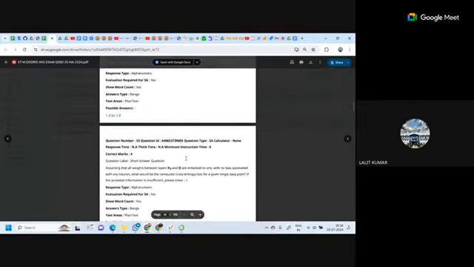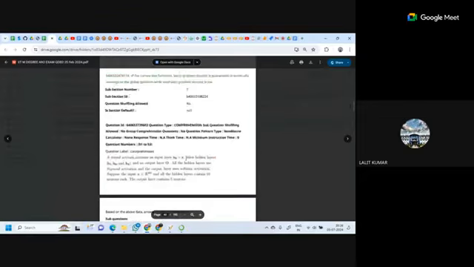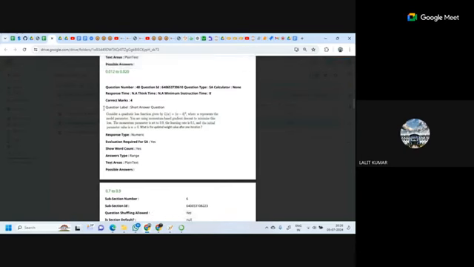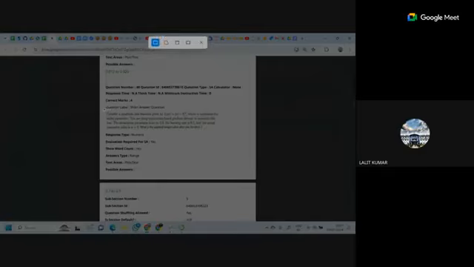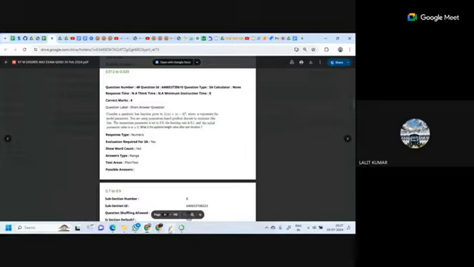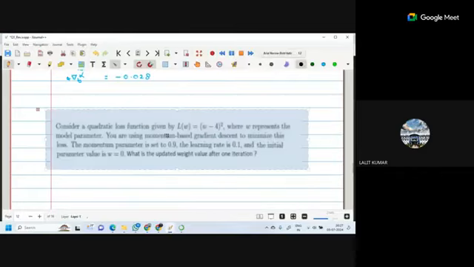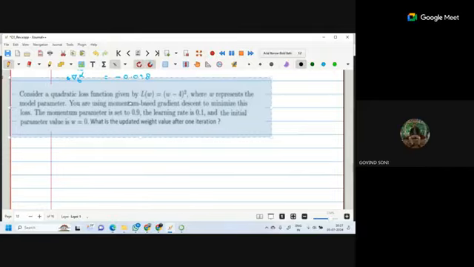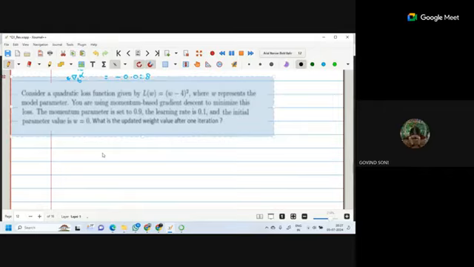Okay, this is the question. Yes, sir. This quadratic loss function, one iteration. Is this visible to everyone? Yes, sir.